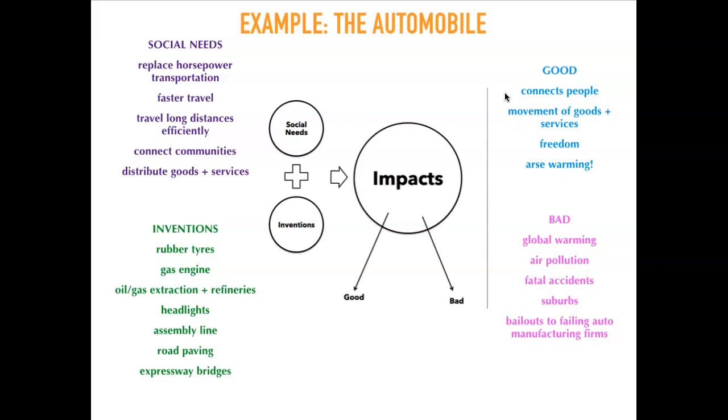And remember too that this was an intended consequence. So that is nice to see that the reason why the car was created has actually come to be for us. The movement of goods and services certainly matches as an intended consequence.